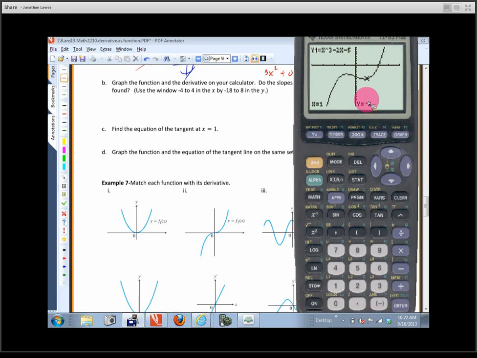Okay. So if we were to do something like this, I'm going to hit zoom decimal. Well, this is a nice squared-off window, but the problem now is it doesn't go down to the point that I'm interested in. So I'm going to change this and we're going to go down 4 and down 4.